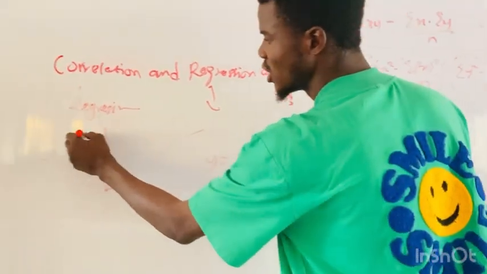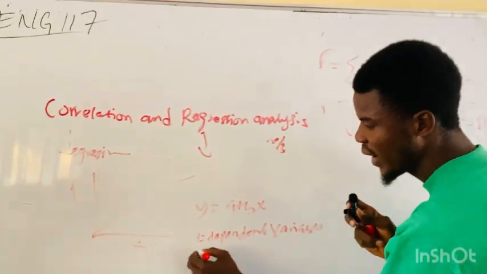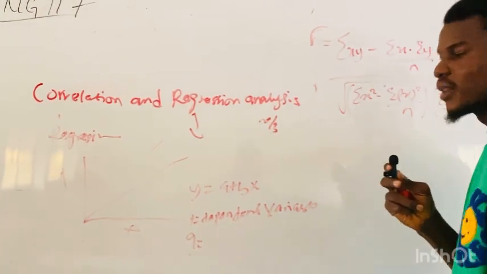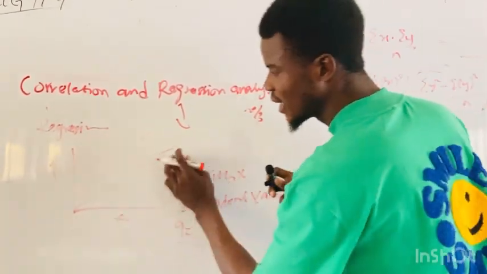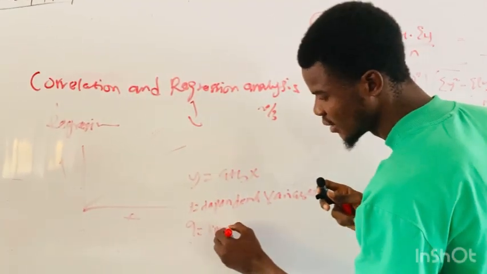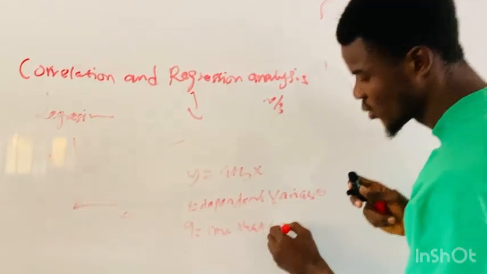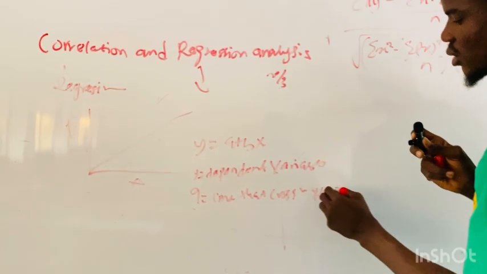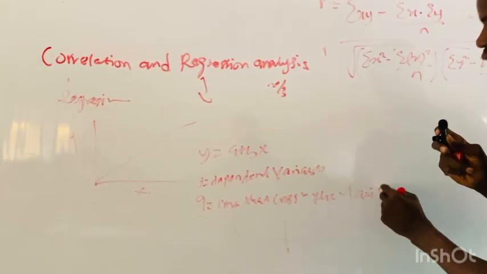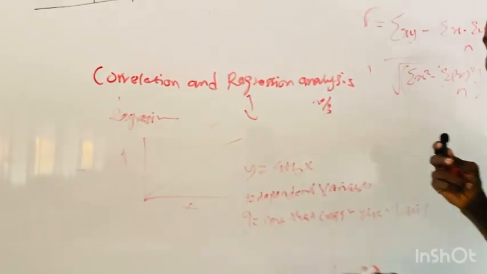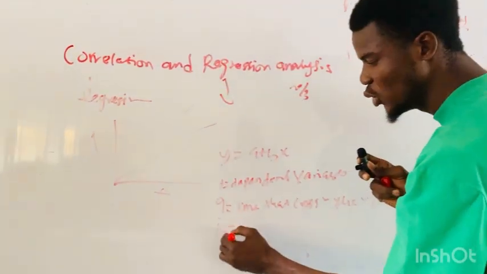This is the y, this is our x. Then our a is going to be the line that crosses the y-axis. So the line that breaks the y-axis, we call it our a. Then our b will be our slope.